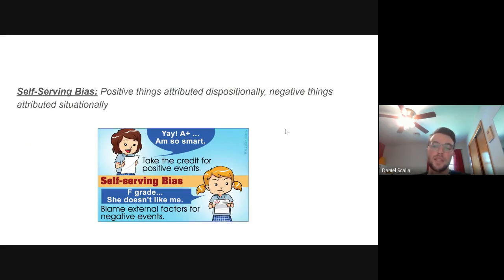In this case, the self-serving bias is a good example, because you interpret things that work out well for you as, oh, that's my fault, I created those. Whereas things that don't go well, you interpret as, oh, it's other people. A classic example: if you get an A, it's because you're smart, but if you get an F, it's because the teacher didn't teach you well.